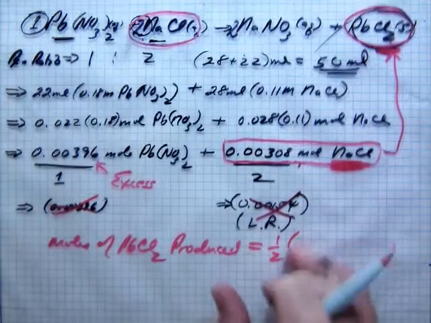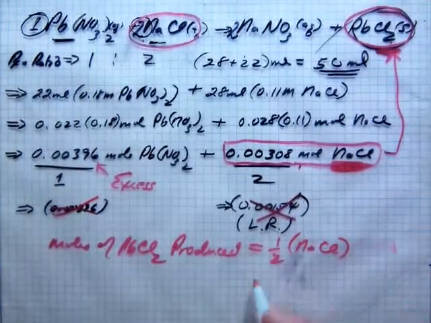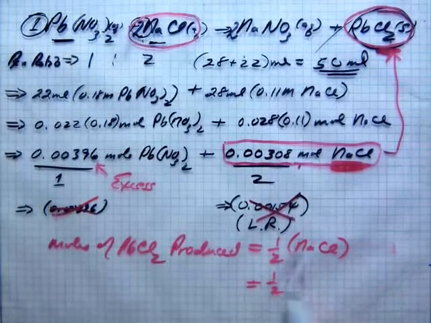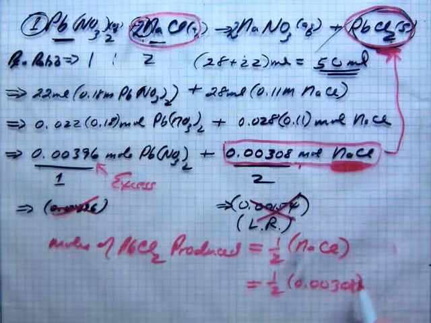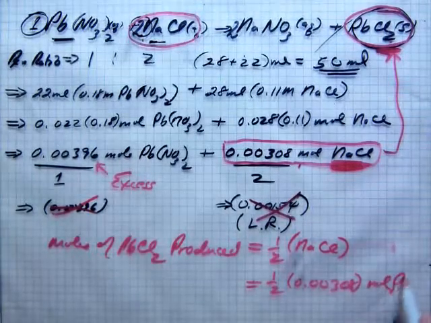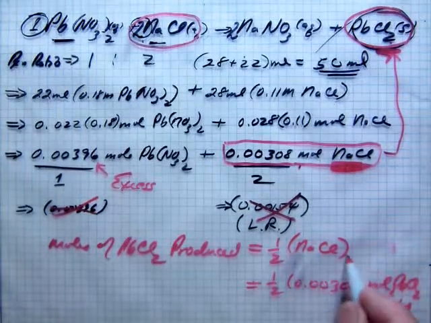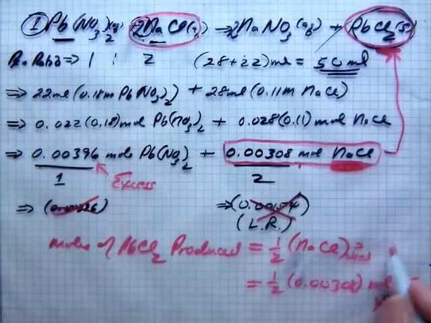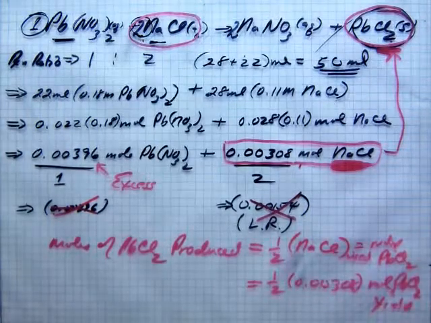That should be 1/2 of the sodium chloride, which is 1/2 of the 0.00308, and that'll be moles of lead chloride yield, used equals moles lead chloride produced.